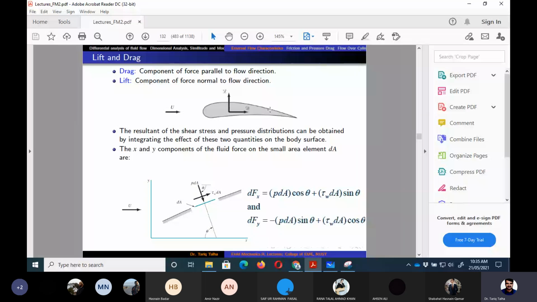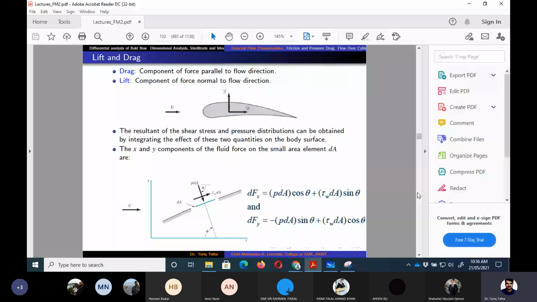Drag force is the component of force parallel to the flow direction, while the lift force is generally perpendicular to the flow direction. We can determine the drag and lift force by integrating over a differential element, and we discussed it in the last class.